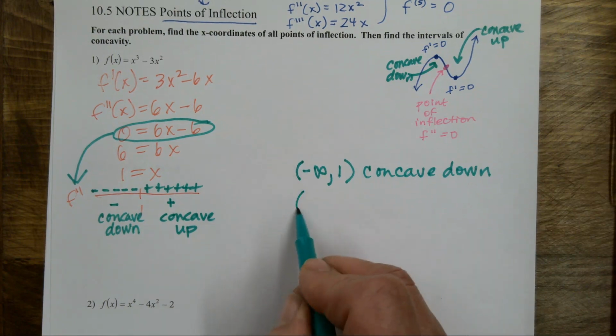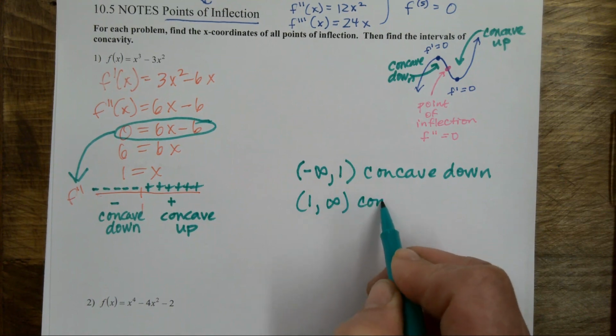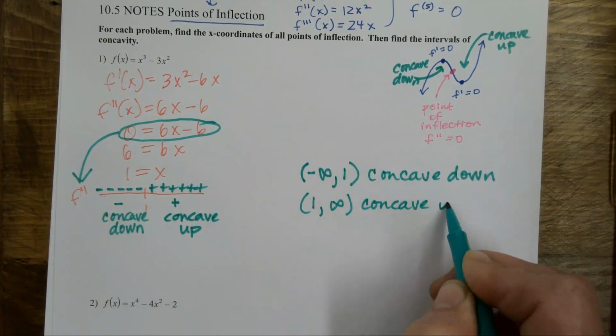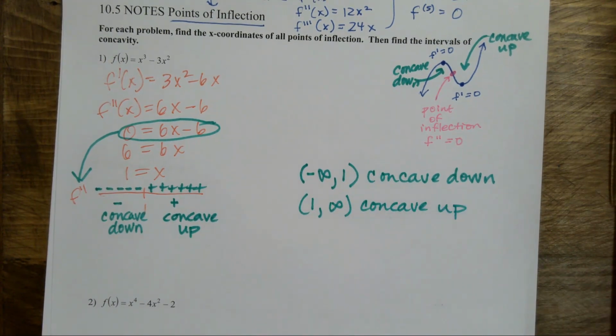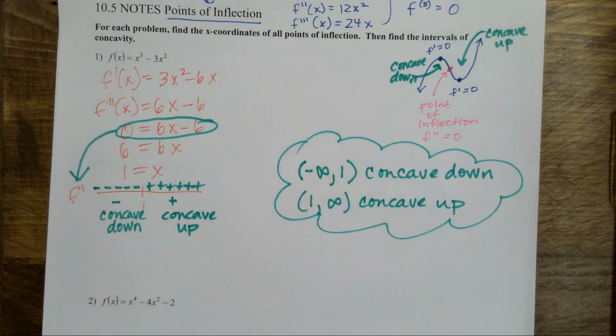But from 1 to the far right, this graph is concave up. And that is my final answer. Any questions? Okay.